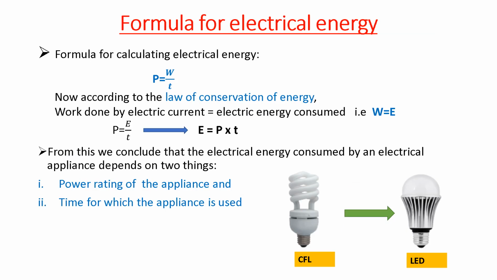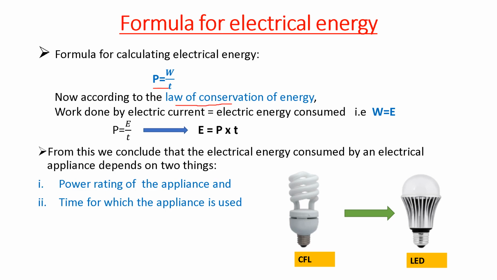Now let's see the formula to find the electrical energy. We generally know the formula of power, that is P equals W by T. We have also used this formula in the previous part. Now the new formula is derived from this same formula.